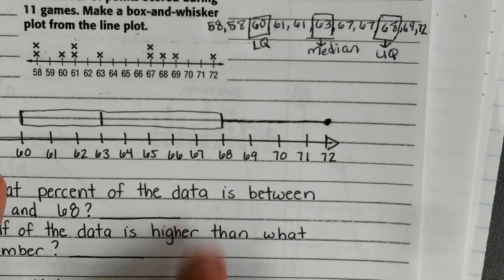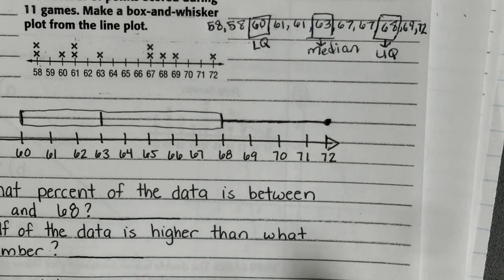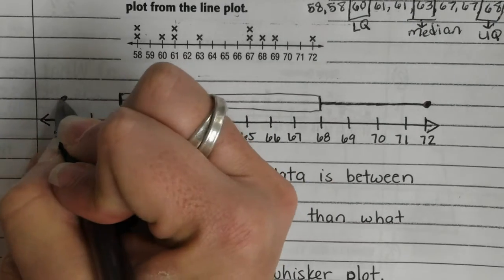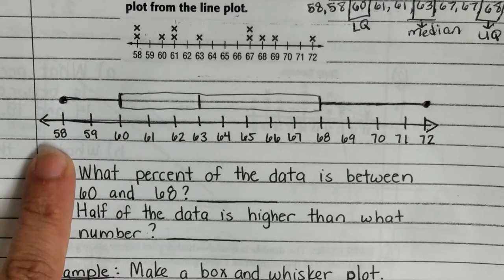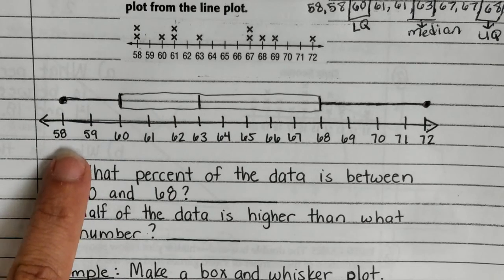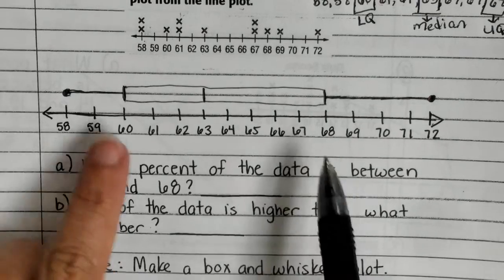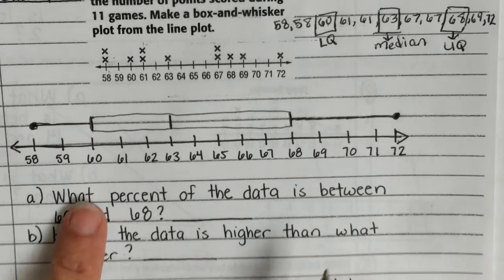And then my lowest piece of data, which was 58. So I'm going to go over this way and connect it. That doesn't look like a cat at all. I know. Since they call them whiskers, I just think of like they shoot out. But you've created a box and whisker plot.